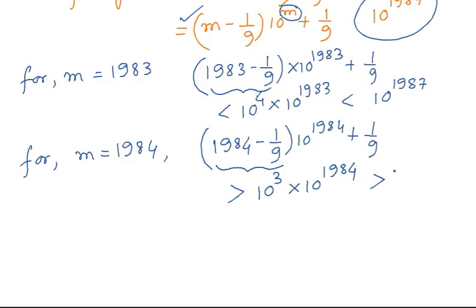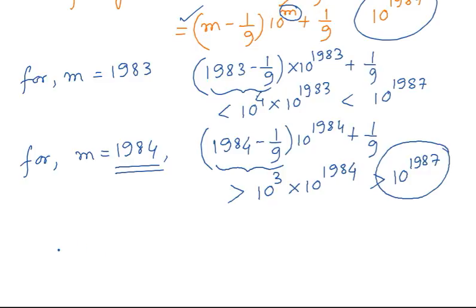So this is definitely going to be more than 10 to the power 1987. Okay, so we can say that if we consider 1984 digit numbers, then the total number of digits starting from the beginning is going to be more than 10 to the power 1987.